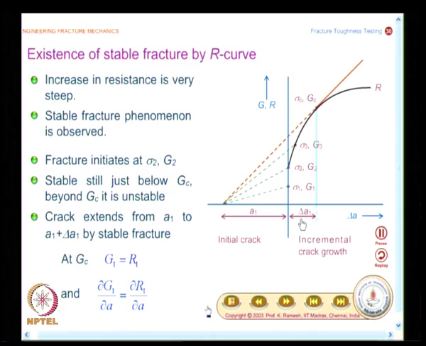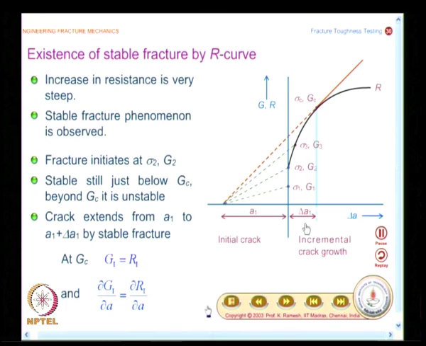So, this is where the question comes. For any panel you need to know what is the fracture strength and what is the critical crack length. The question is, would you report A1 as the critical crack length or A1 plus delta A1 as the critical crack length?